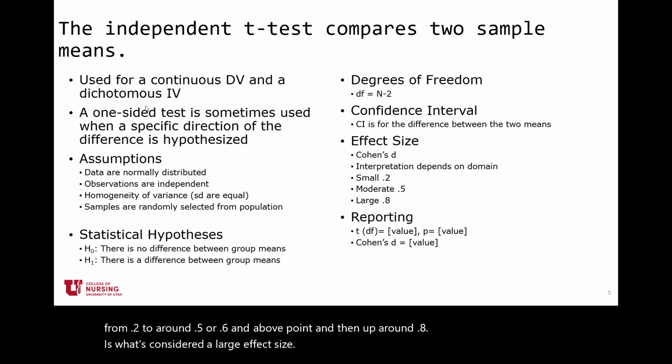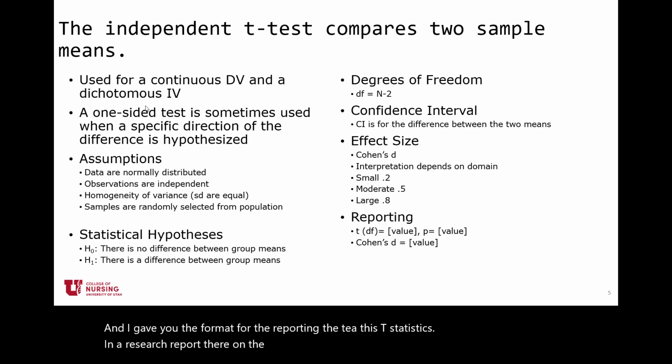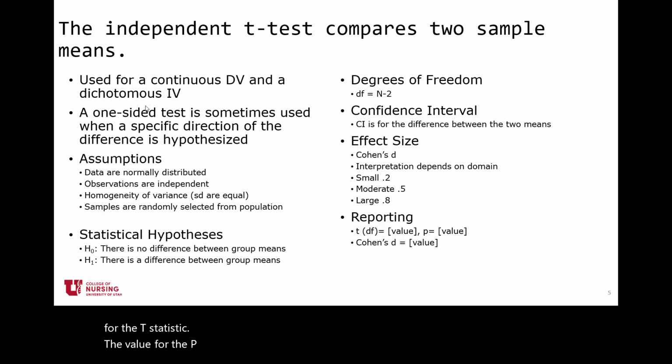And I gave you the format for reporting a t statistic in a research report there on the slide. You want to report the degrees of freedom, the value for the t statistic, the value for the p value, and your Cohen's d value.